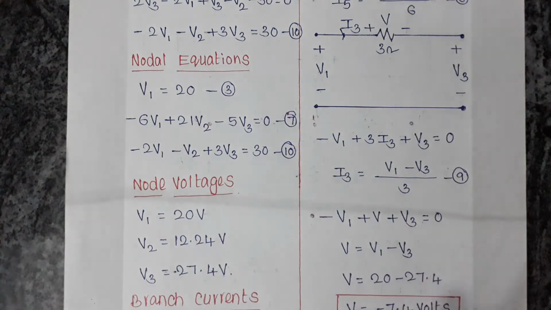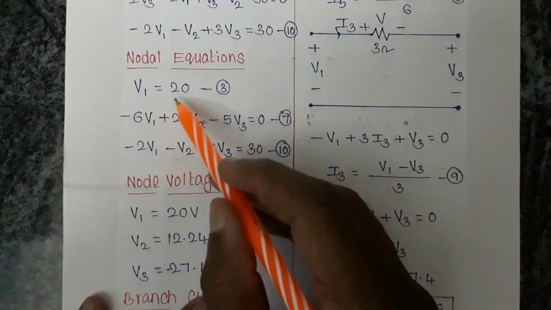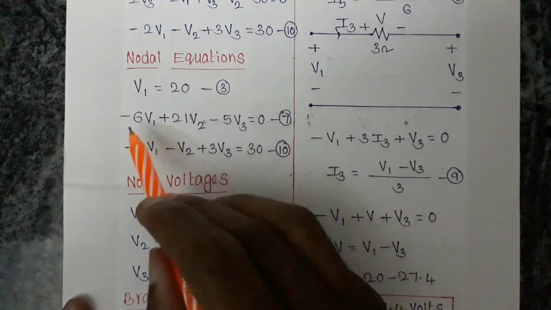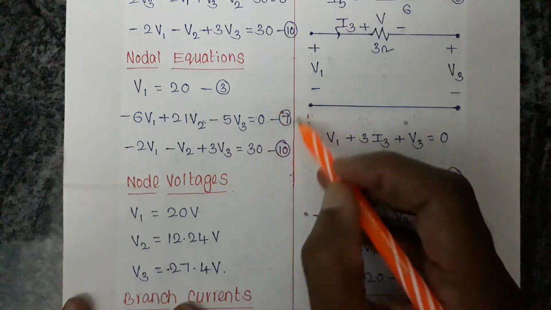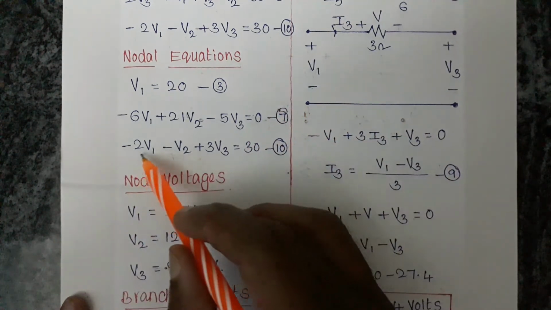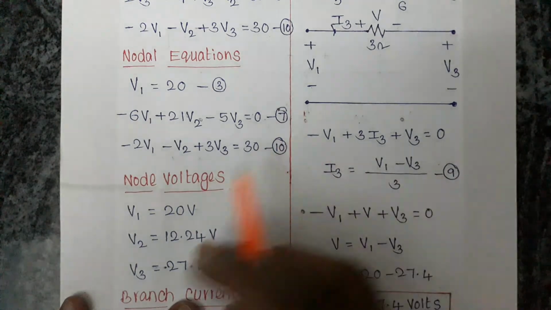Now writing all nodal equations in one place. V1 equal to 20, equation 3. Minus 6V1 plus 21V2 minus 5V3 equal to 0, the seventh equation, and minus 2V1 minus V2 plus 3V3 equal to 30, the 10th equation.